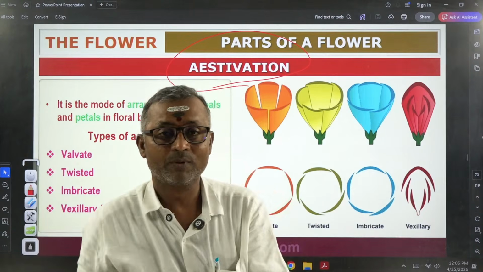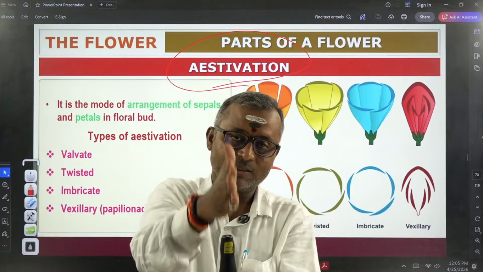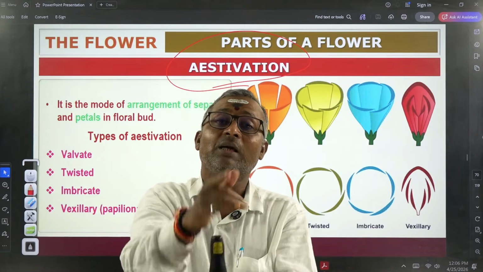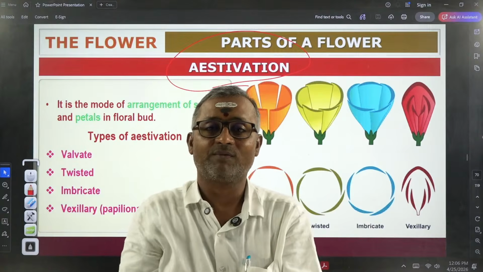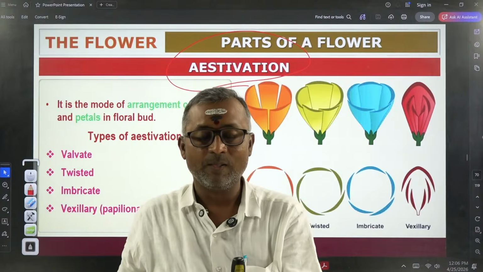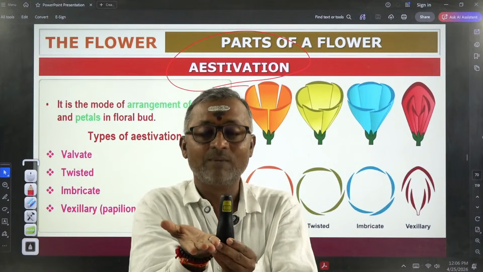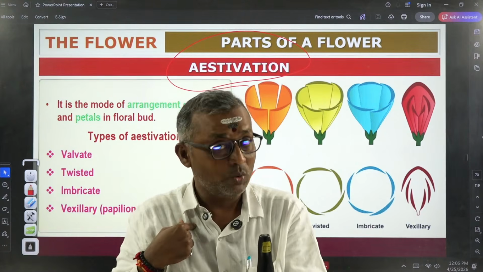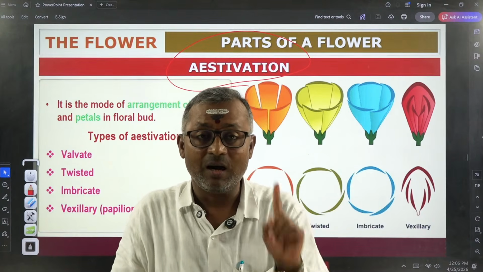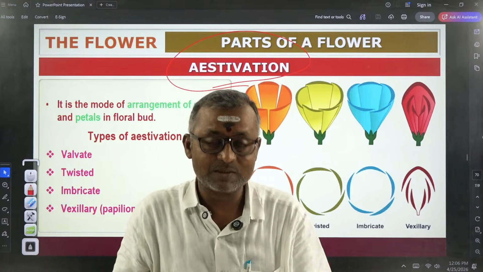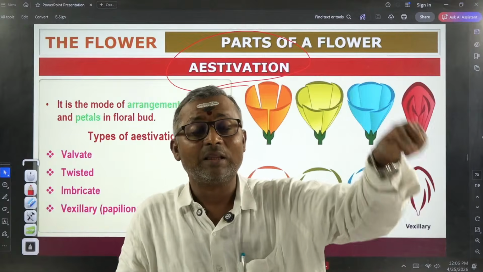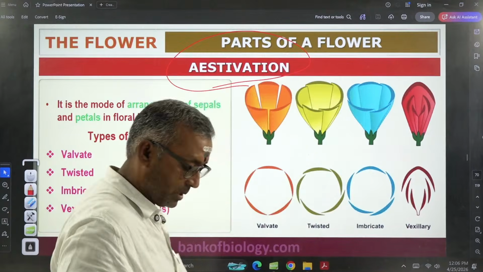Be clear, this is longitudinal or vertical section. That gives you the symmetry of the flower. If you take the transverse section, then it can help us to know estivation. What is estivation? Mode of arrangement of sepals or petals in a flower in relation to the other members of the same whorl. Look at the board.